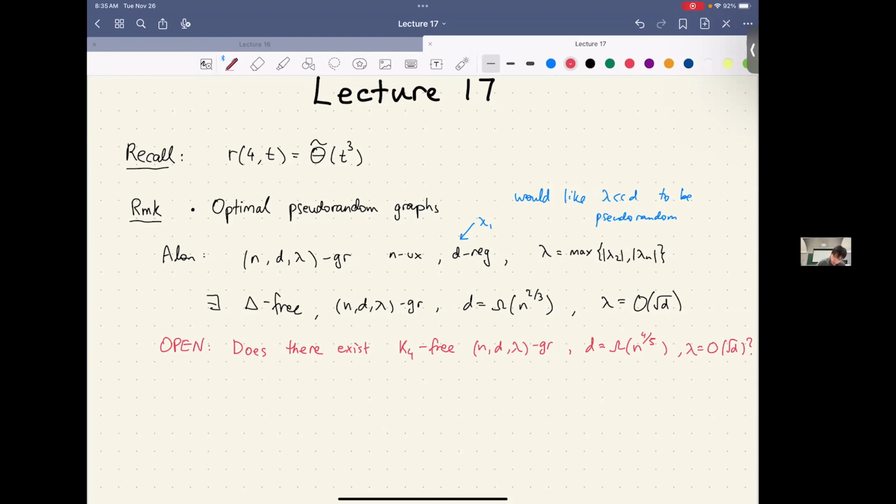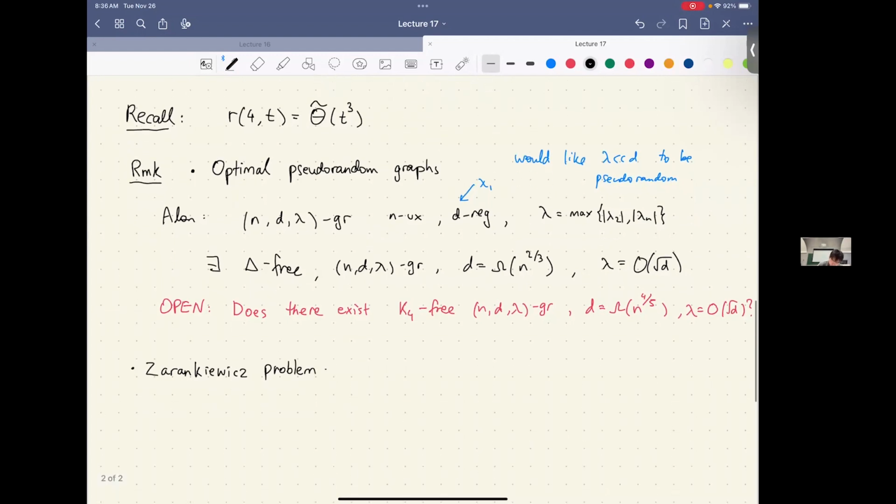So the second remark is about a problem called the Zarankiewicz problem in extremal graph theory. So this is the problem.